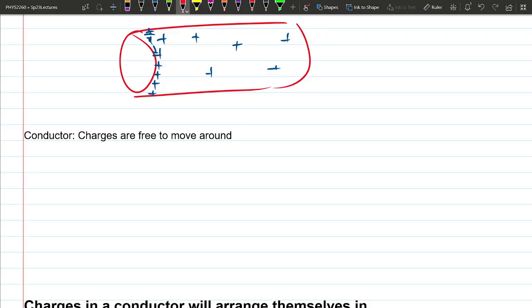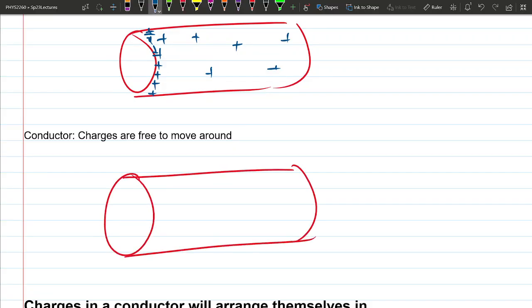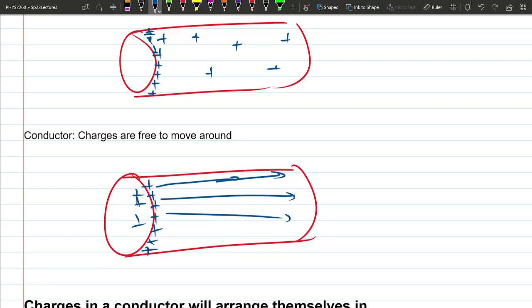But for a conductor, the charges are free to move around. So I'm going to put a bunch of plus charges on one side. But these plus charges are actually going to repel each other. So this plus charge is going to try to get as far away from this one as possible. It's going to move, because it can move.